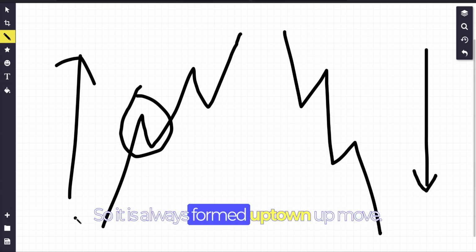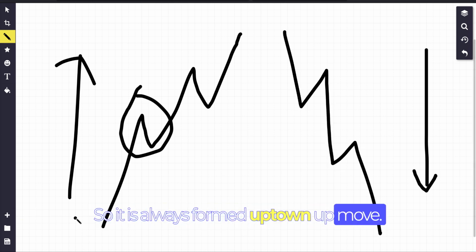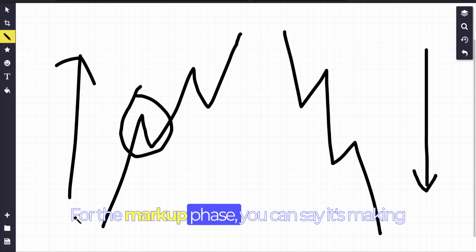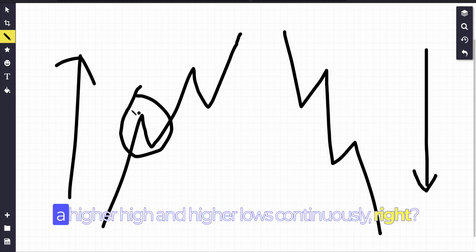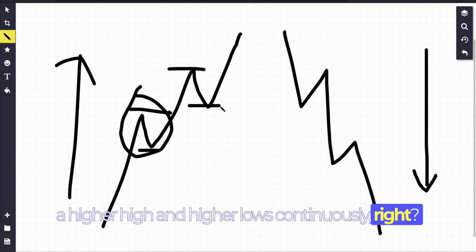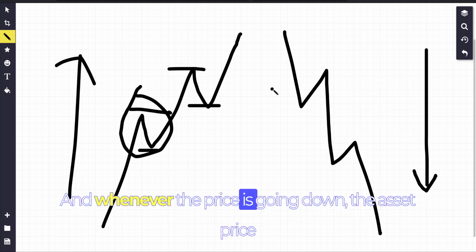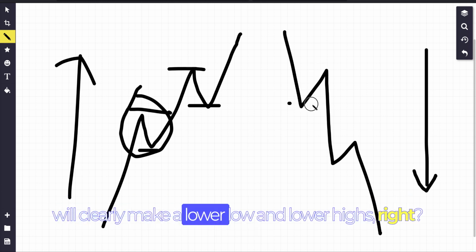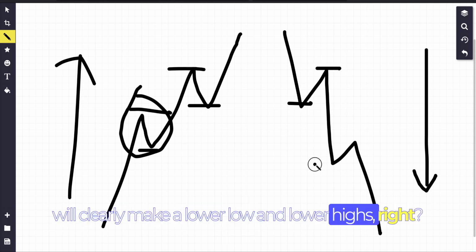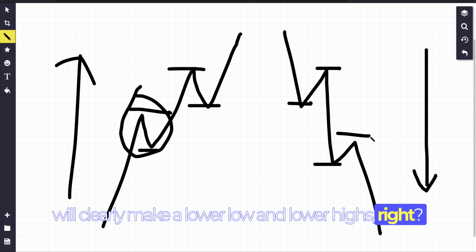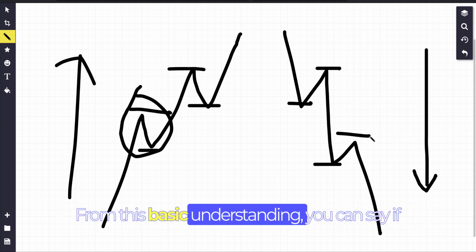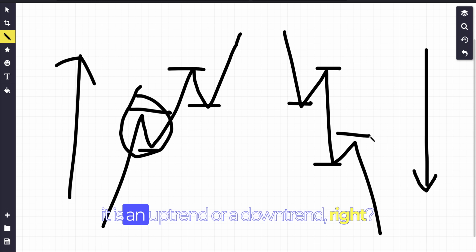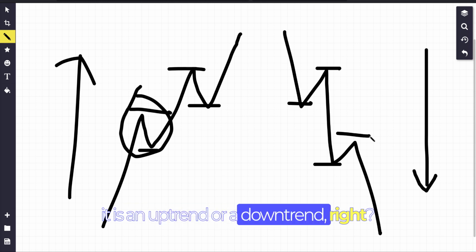For the markup phase, you can say it's making higher highs and higher lows continuously. And whenever the price is going down, the asset price will clearly make lower lows and lower highs. From this basic understanding, you can say if it is an uptrend or a downtrend.